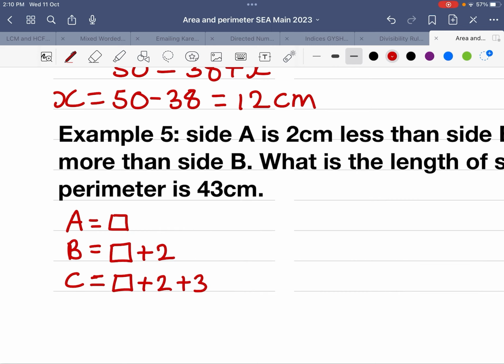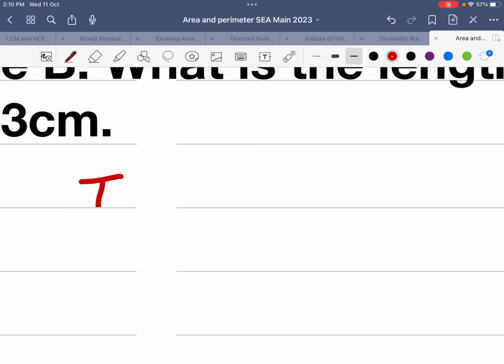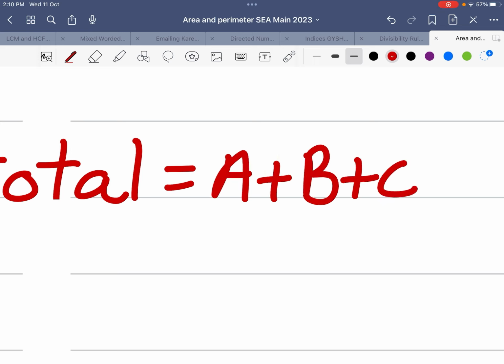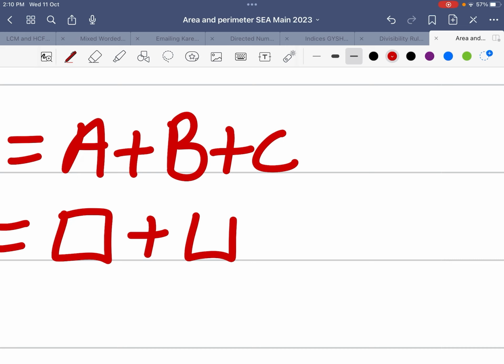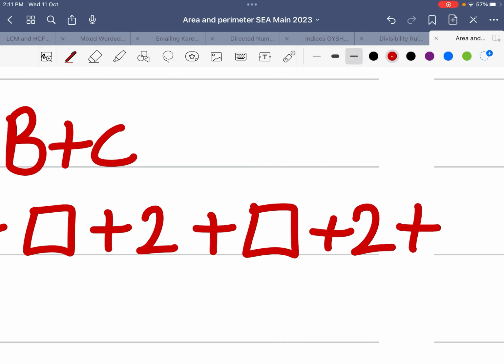So if we add all of these together, we will get the perimeter. So let's add them together. The total is equal to A plus B plus C, which is box plus B is box plus 2 and C is box plus 2 plus 3.